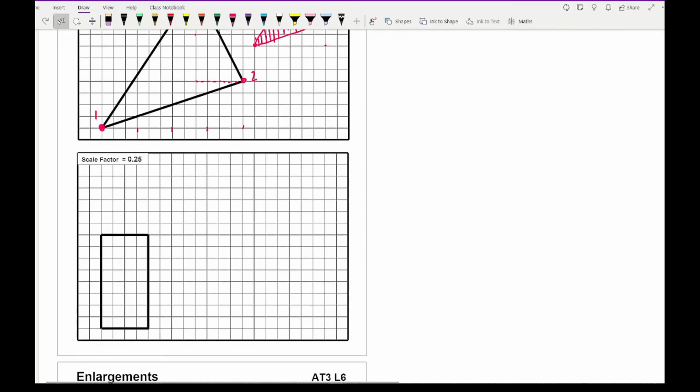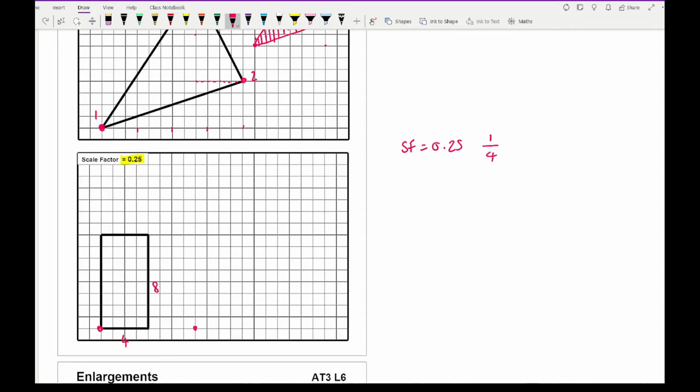Looking at this one, here we've got a scale factor of a quarter, or 0.25. The scale factor of 0.25 is the same as a quarter, so I'm going to be dividing each of the lengths by 4. Having my starting point here, I'm going across 4 and I'm going up 8.